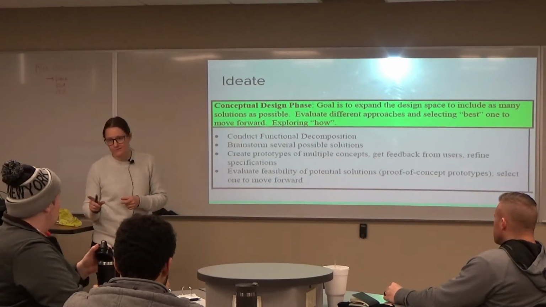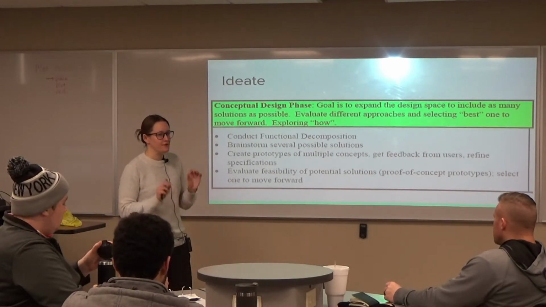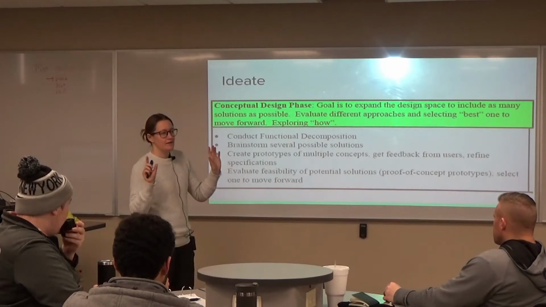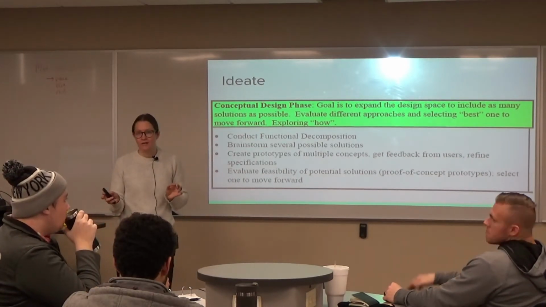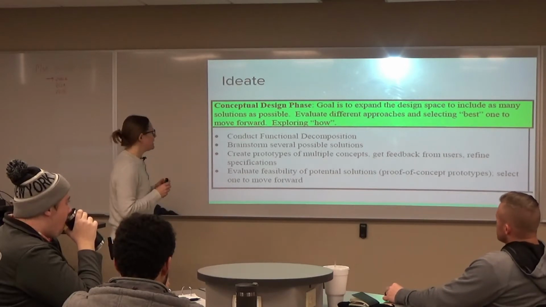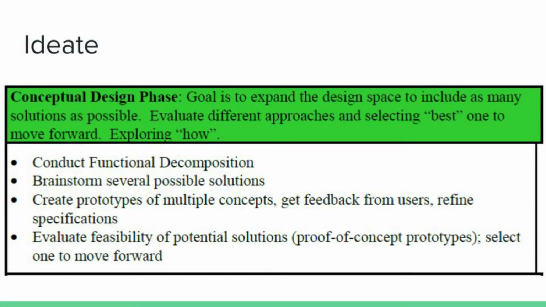And now we get to the fun part, right? The part you probably have already started thinking about, but I want you to not think about it yet. Coming up with solutions. So you're going to ideate, so you're going to brainstorm. We've got different possible tools that you can use to just do brainstorming itself, okay? And a thing called functional decomposition that you can use. And you can even build prototypes at this stage, right?